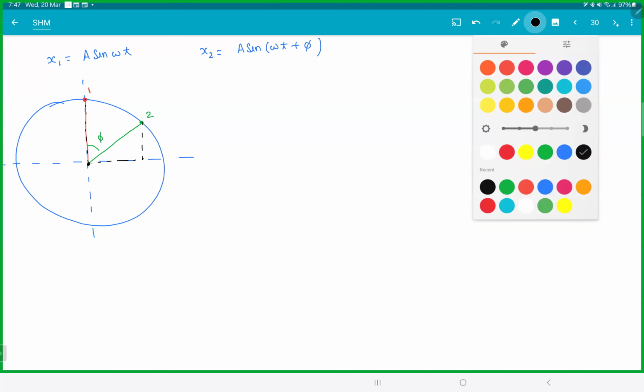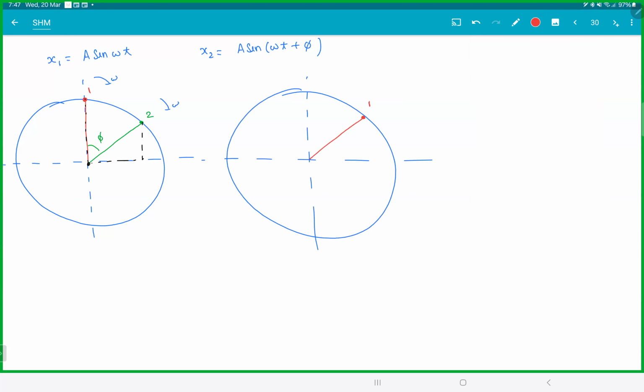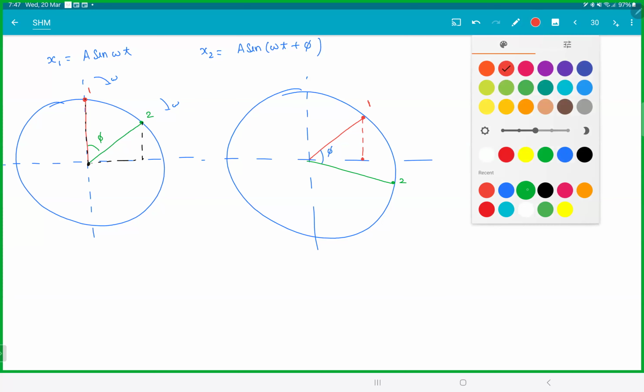Now, after some time t, when they move, remember, don't forget both have same omega. That means the angle between them will remain same. After some time t, the red guy will come somewhere here. The green guy will come somewhere here. And this angle will still remain phi. Now, if you drop the perpendicular, this is the shadow.